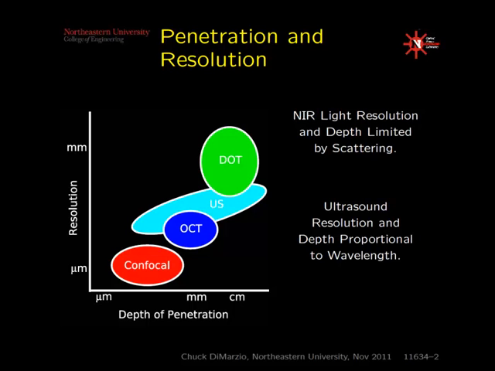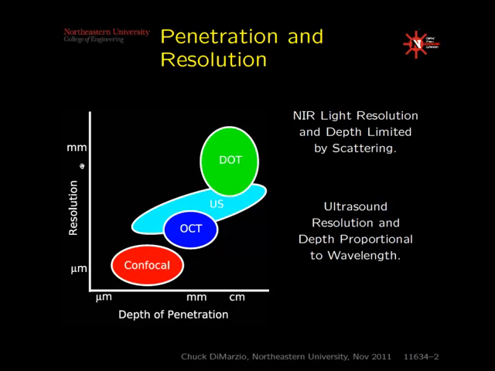shallow distances in tissue using confocal microscopy, OCT, and other techniques, at greater depths we're limited by the scattering to resolution that gets up into the millimeters. Ultrasound, on the other hand, doesn't have this problem to such an extent, and while the depth of penetration increases with decreasing wavelength, the resolution ends up being always wavelength limited.